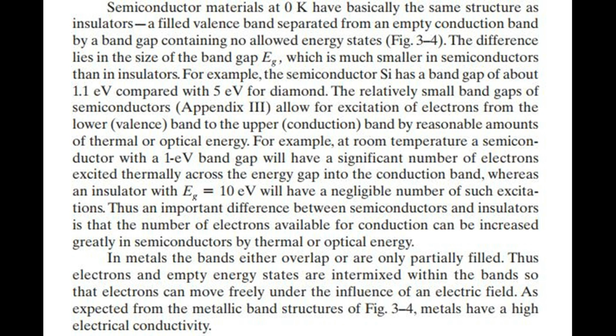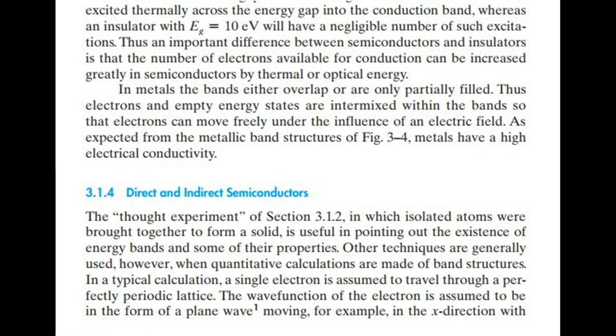For example, at room temperature a semiconductor with a 1 eV band gap will have a significant number of electrons excited thermally across the energy gap into the conduction band, whereas an insulator with energy gap equal to 10 eV will have a negligible number of such excitations. Thus an important difference between semiconductors and insulators is that the number of electrons available for conduction can be increased greatly in semiconductors by thermal or optical energy.